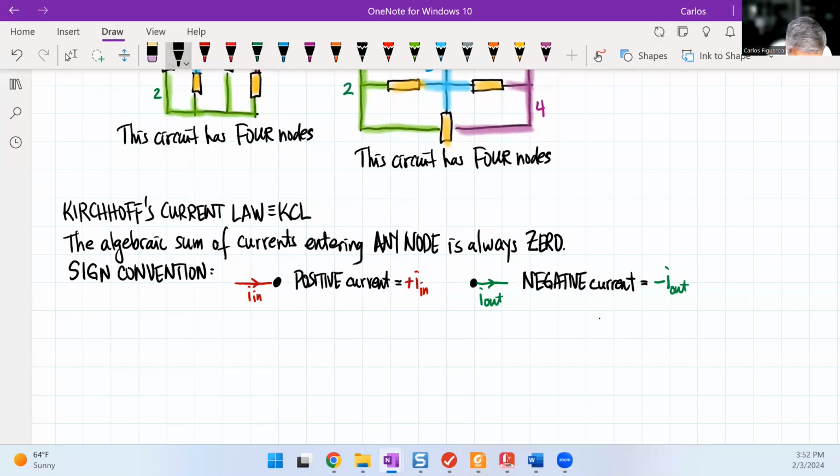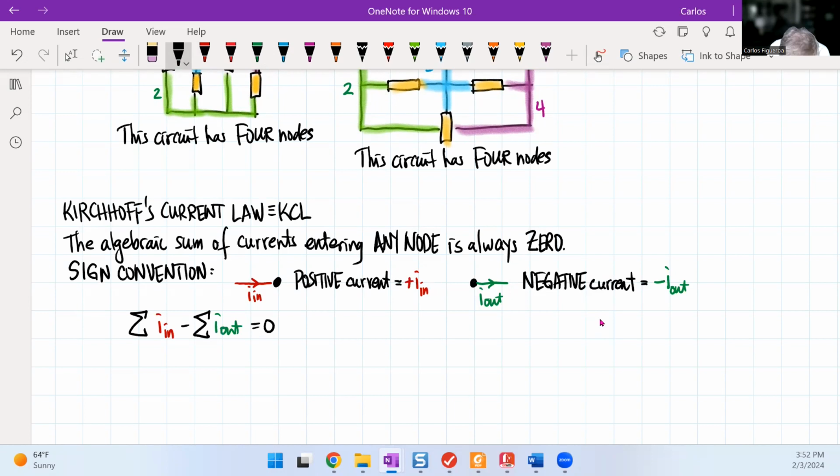So now, this is what KCL says here. KCL says that the algebraic sum of the currents coming in, or excuse me, minus the sum of outgoing currents must equal 0.